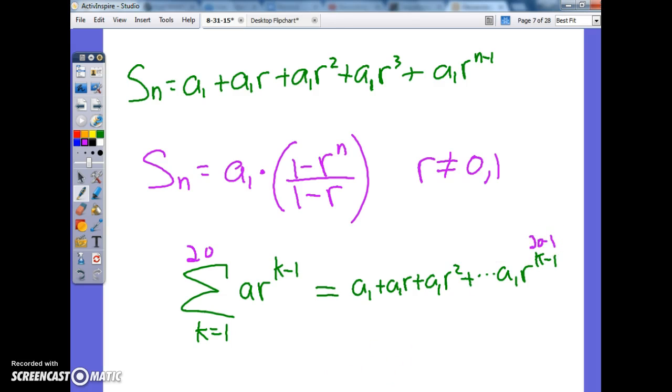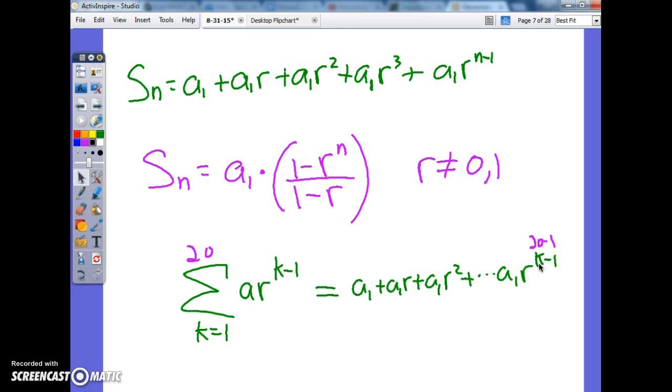It's going to be applied 19 times. Because, just like arithmetic, for our first term, we don't apply the common ratio. So notice for the second term, I've applied the common ratio 1 time. For the third term, I've applied the common ratio 2 times. So to get the 20th term, it'll be my first term times r to the 19th power.